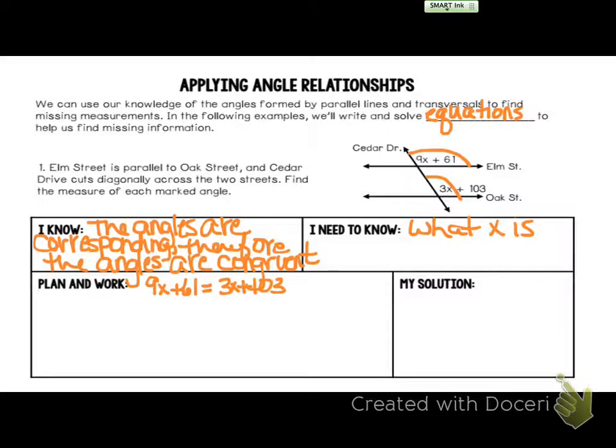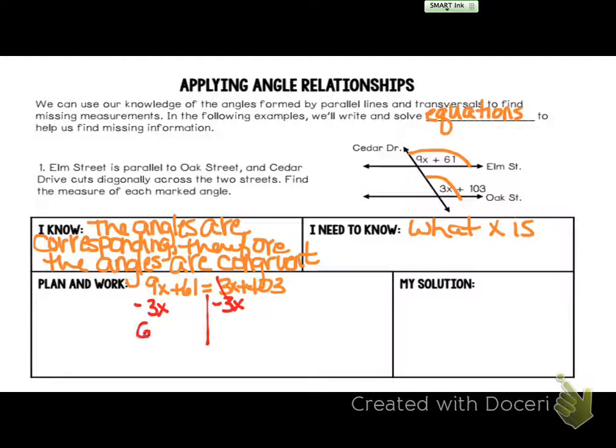So I have an equation with variables on both sides, right? So I need to get my variables on one side and my constants on the other side. So the first step is I'm going to subtract 3x from both sides. And I have 9 minus 3. And if I subtract 3 from 9, I get what? 6.